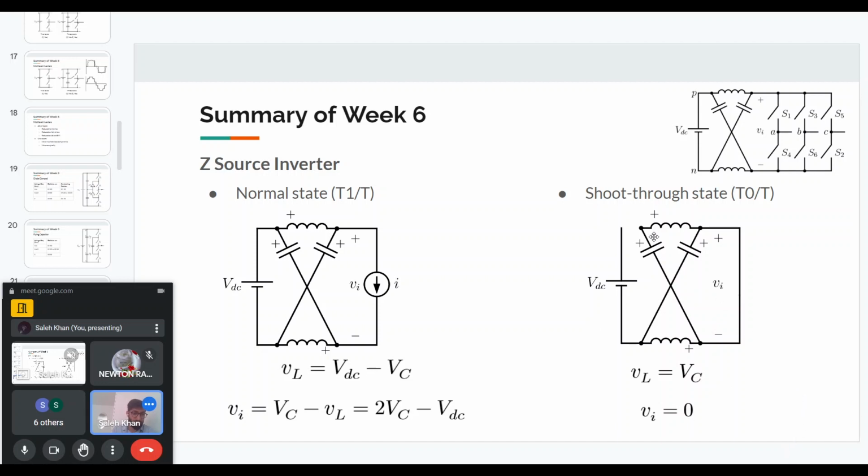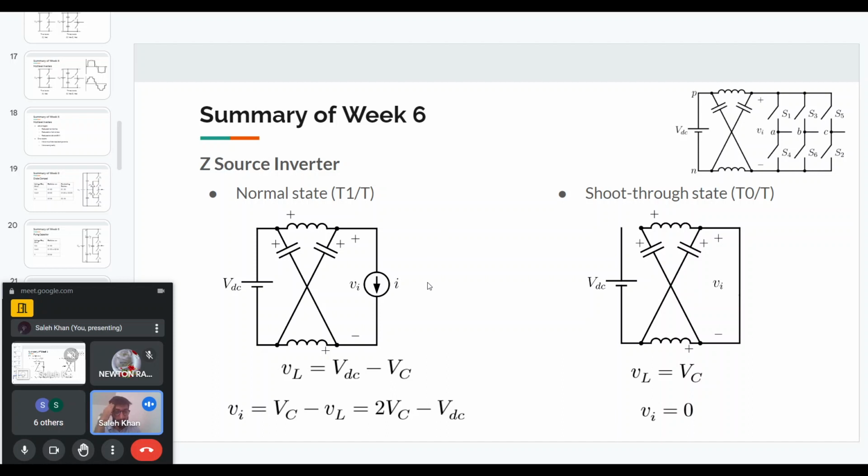In this case, if you see the KVL, VL will be equal to VC through the shorted leg. In both cases, you will see that VL will be equal to VC and Vi is equal to 0. This shoot through state will be for some interval T0 out of the full interval. And T1 plus T0 is equal to T. So there are only these two options here.